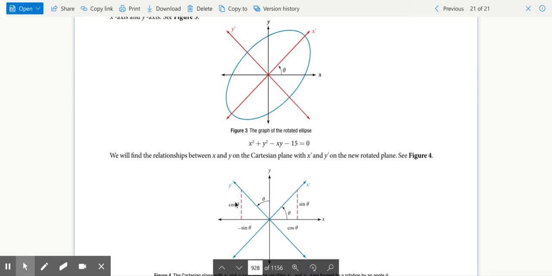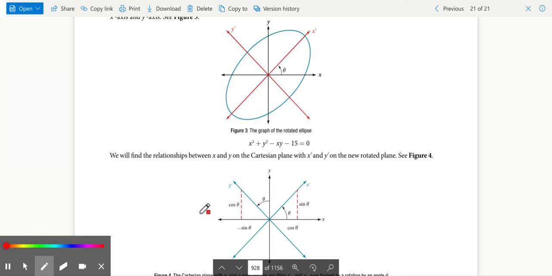So this would be y prime cosine theta, and this would be y prime negative sine theta. So negative y prime sine theta. So this is x prime cosine theta, x prime sine theta, negative y prime sine theta, y prime cosine theta. That's a mouthful.